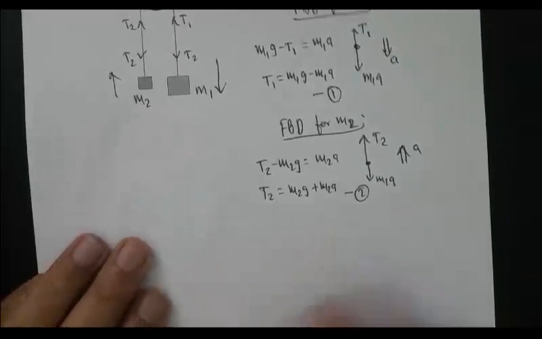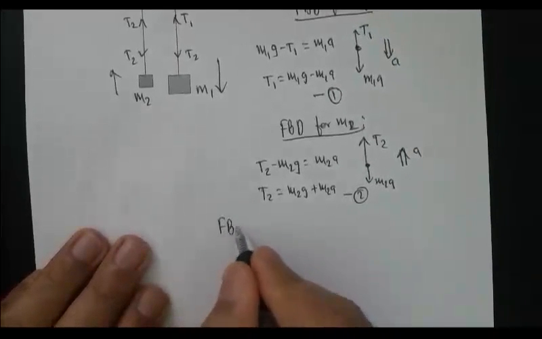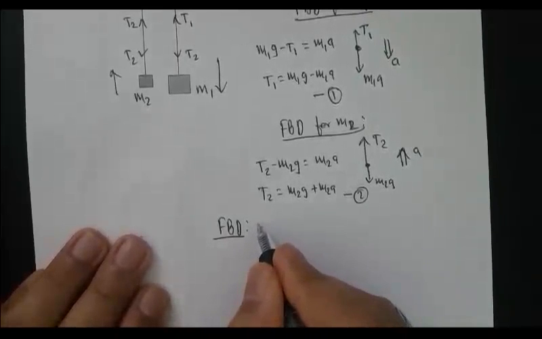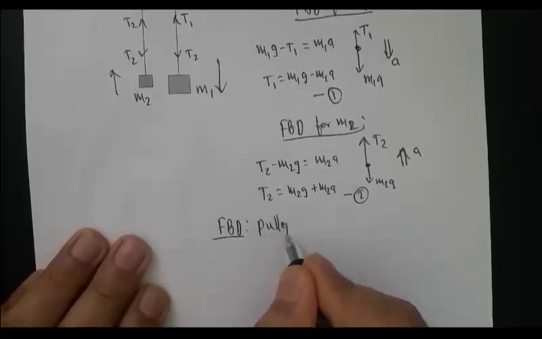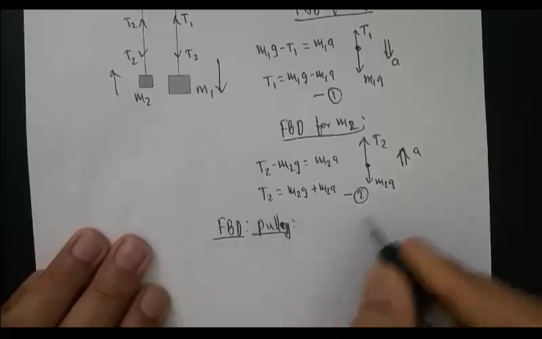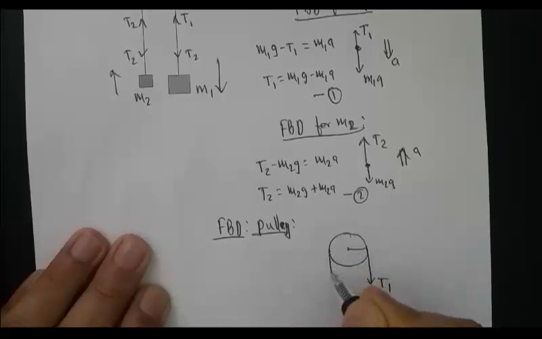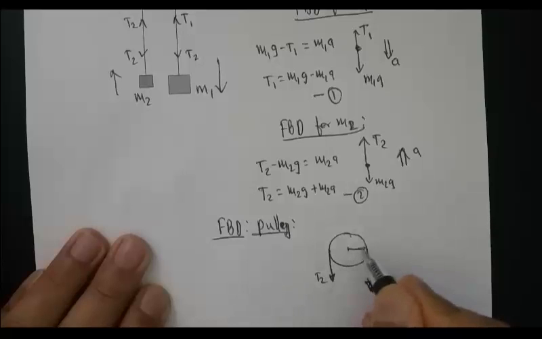And one more: the free body diagram for the pulley, and apply the torque. So T1 and T2 are pulling that way, and T1 must be greater, but they make a 90-degree angle.